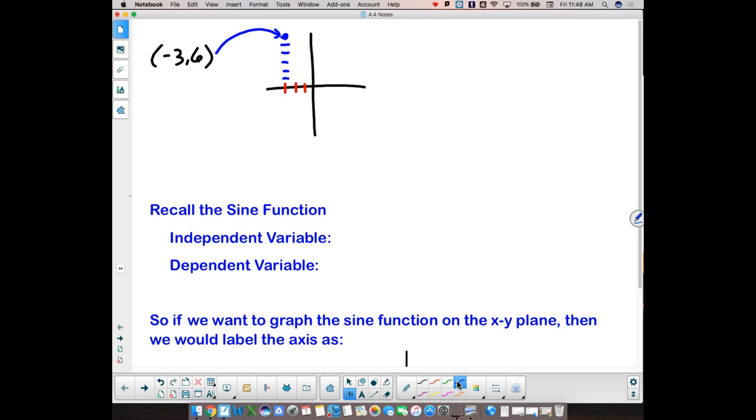Distance from what to what? Not distance up from the origin, because that would mean it would be over here from my horizontal axes. So the 6 here is really the distance from the horizontal axes.